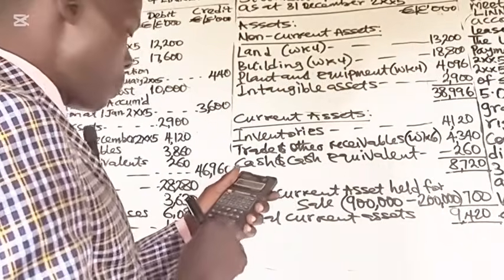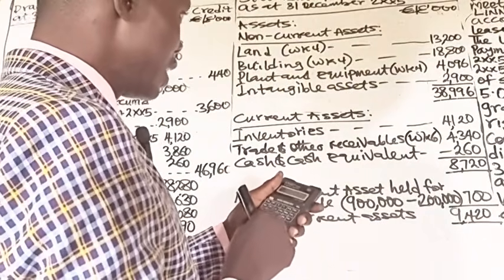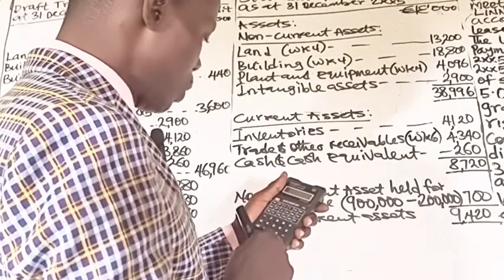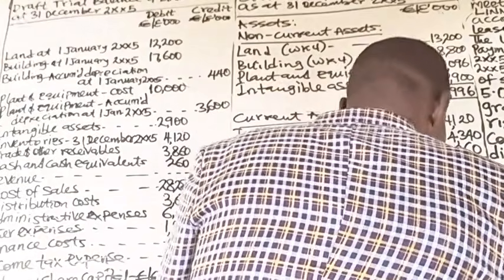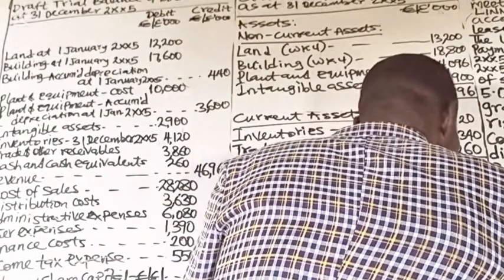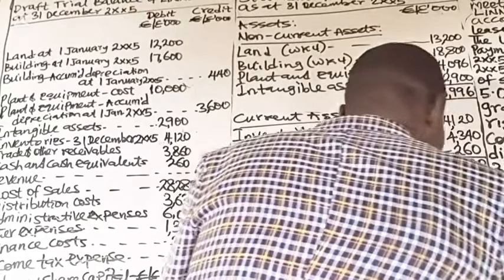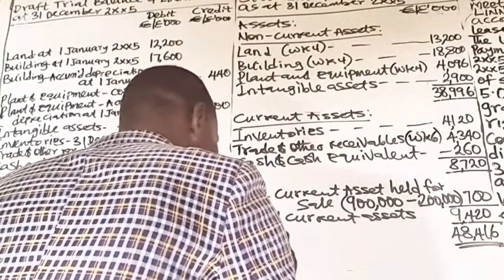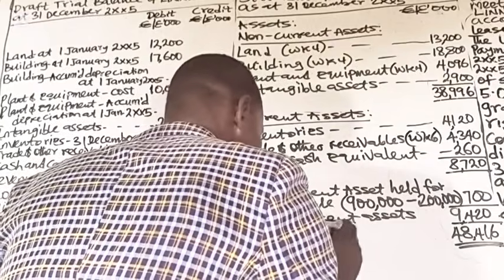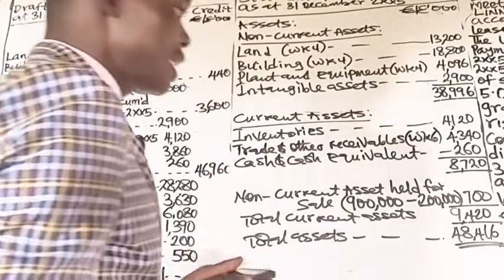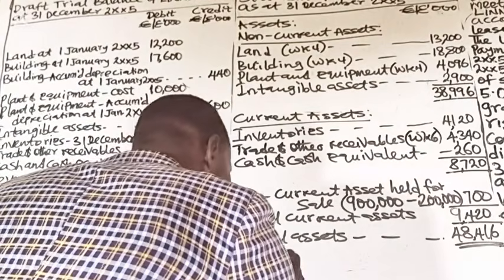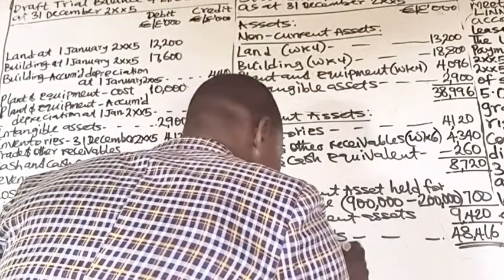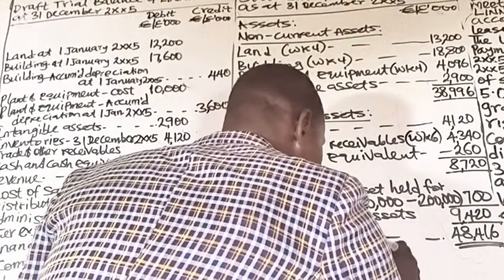If you sum them up, we have 48,416. This is the total assets. After our total assets, then you have equity and liabilities.